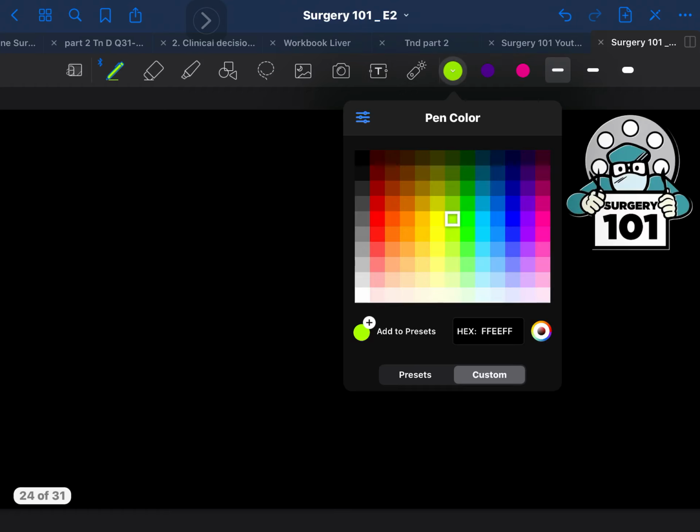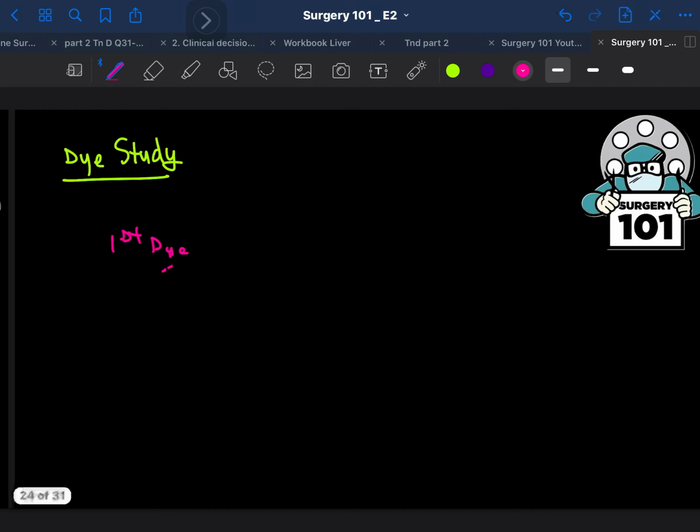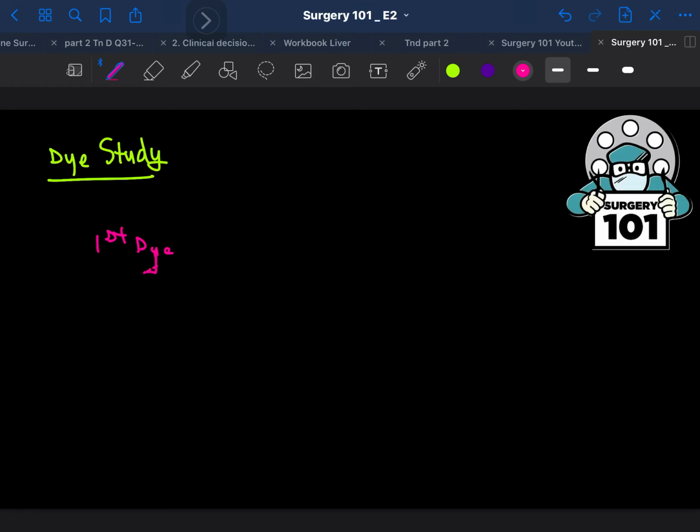Now if at all you suspect that the patient is suffering from a tracheoesophageal fistula, you may go in for a dye study. Now what you need to understand, the first dye or the preferred dye to be used is your low molecular weight water soluble contrast.